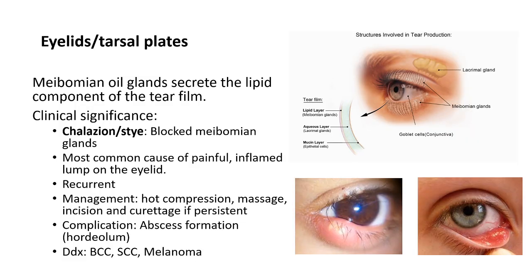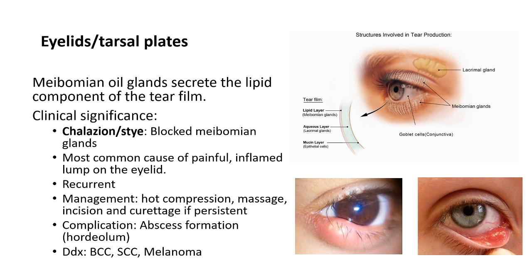The eyelids contain glands called the meibomian oil glands. They secrete the lipid component of the tear film. When these glands are blocked, the condition is called chalazion or stye.